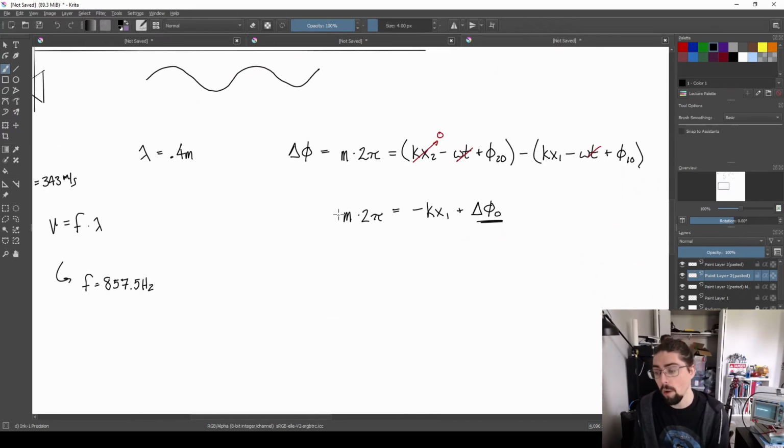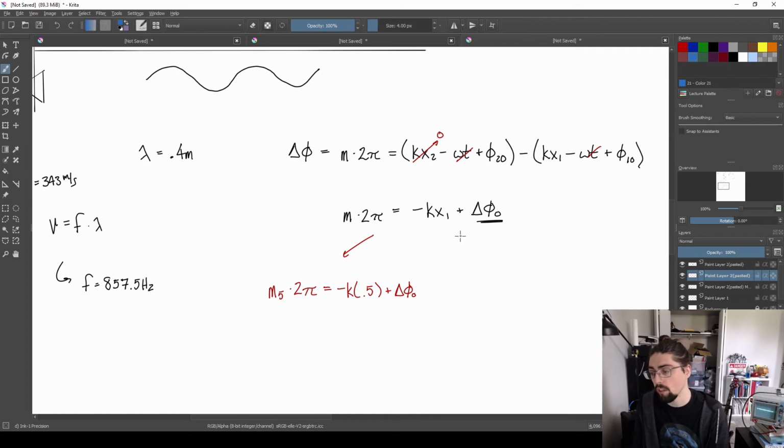So here's what I'm going to do. I'm going to split this up into 2 separate equations. Whatever was going on at the 0.5, I'm just going to call this m of 5, and you'll see why in a second here: negative k times 0.5 plus delta phi naught.